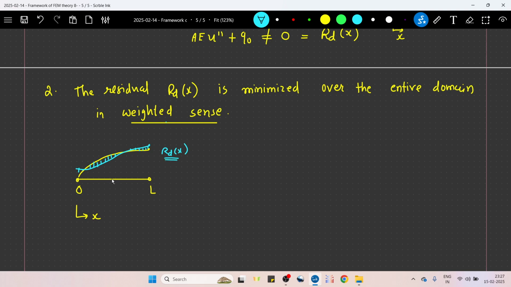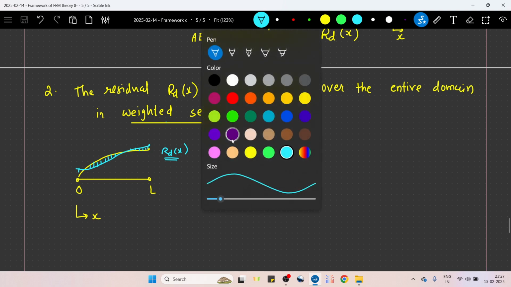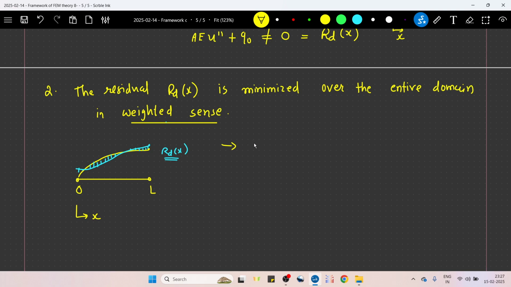Now, this residual we cannot make zero over the entire domain, at each point.